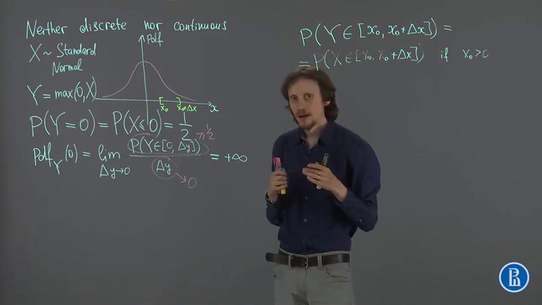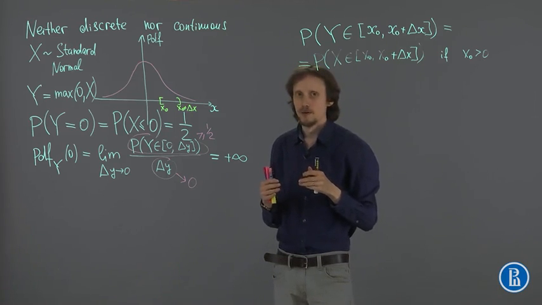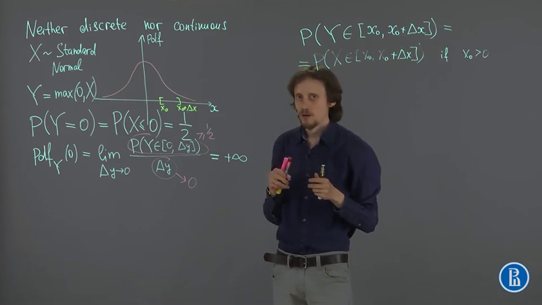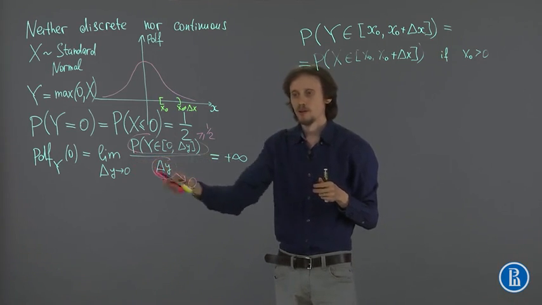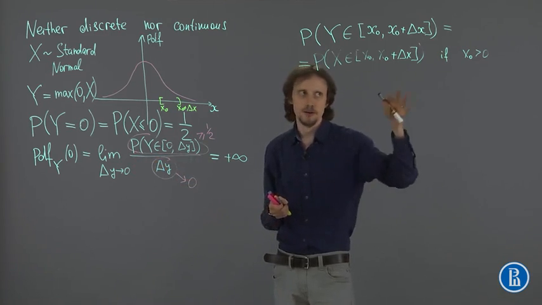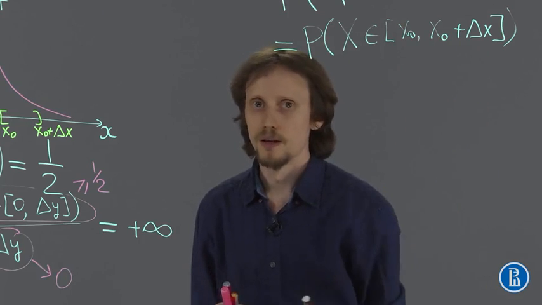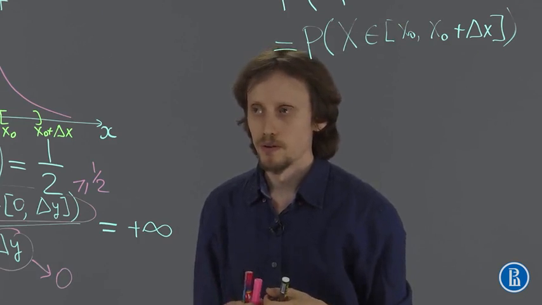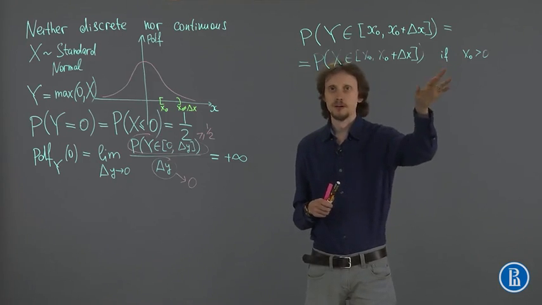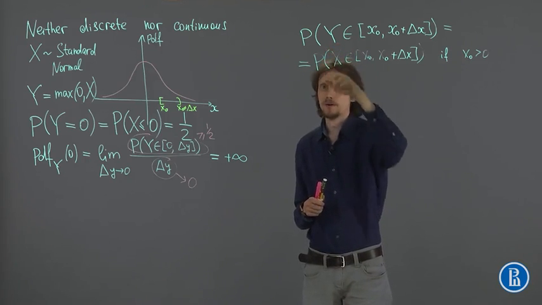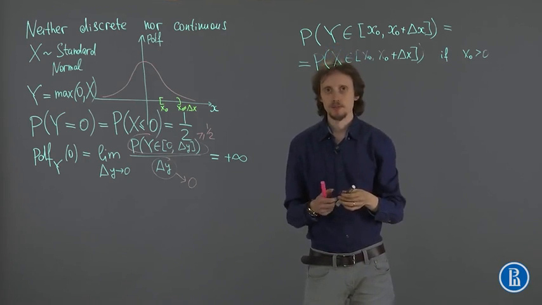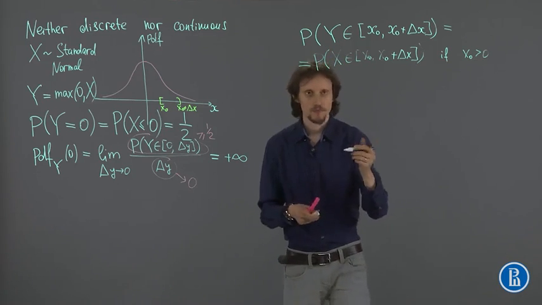So we have a kind of hybrid random variable that on one hand behaves like a discrete random variable, and on the other hand, for different values, it behaves like a continuous random variable. So we cannot define a probability density function for random variable y. However, we can define a cumulative distribution function.